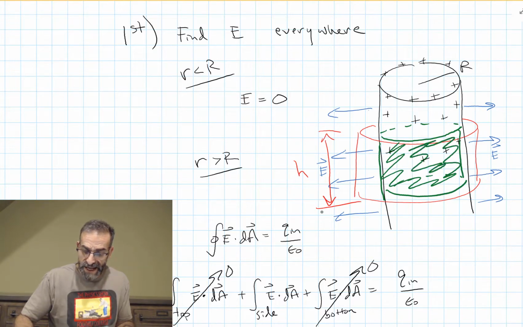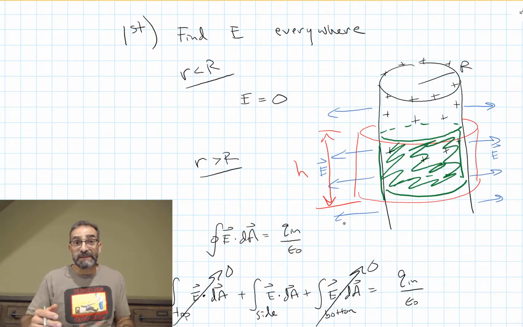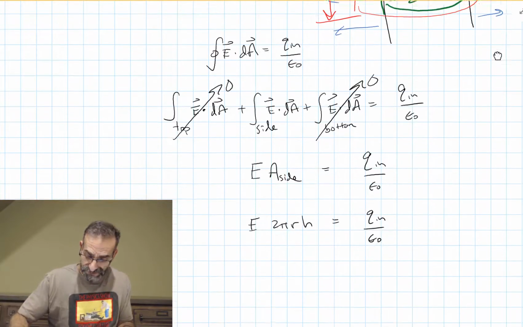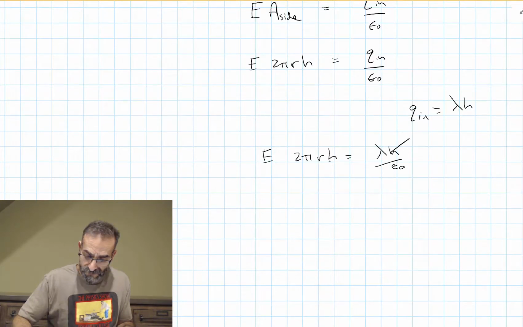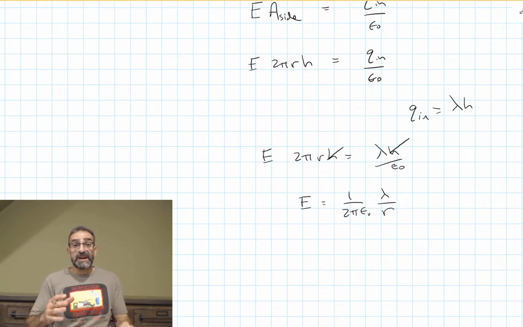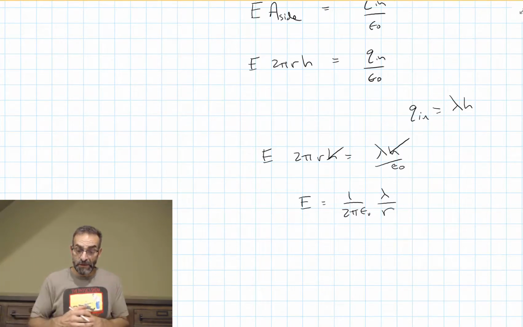So it's the height h multiplied by lambda, the charge per unit length on my cylinder. The h's cancel, and the electric field drops off as 1 over r as I move away from the cylinder.